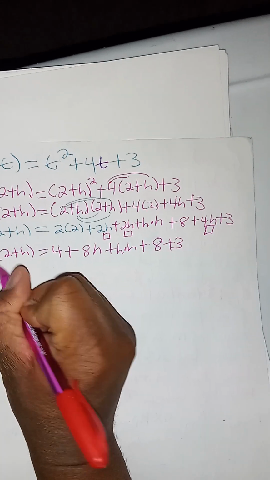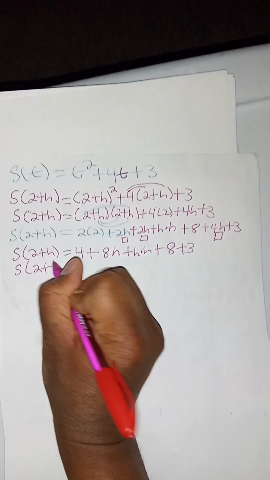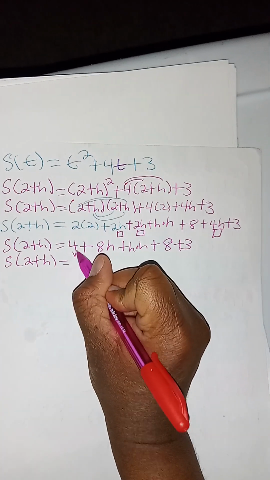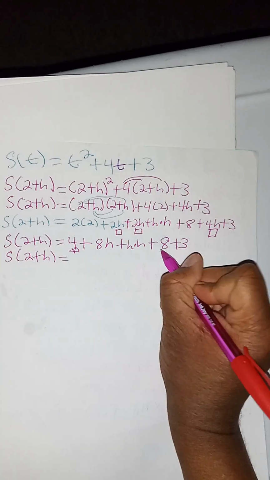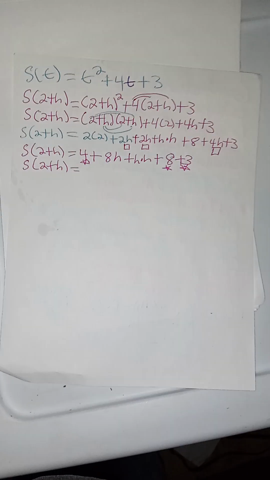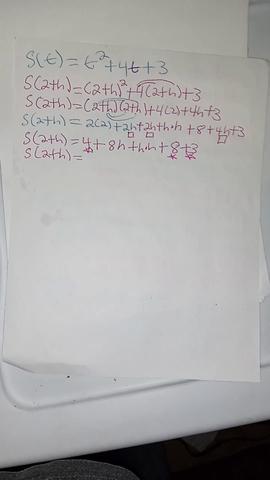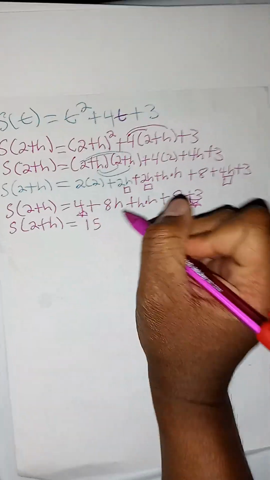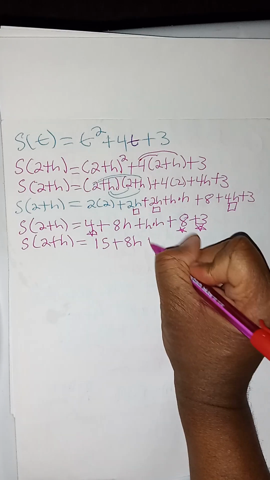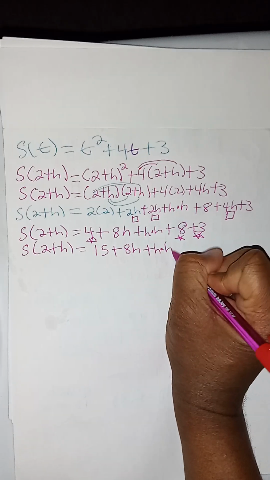So s of 2 plus h is equal to 4, 8, and 3 are like terms. So let's have that marinate. So 4 plus 8 is 12, plus 3 is 15. So 15 plus 8h plus h times h.